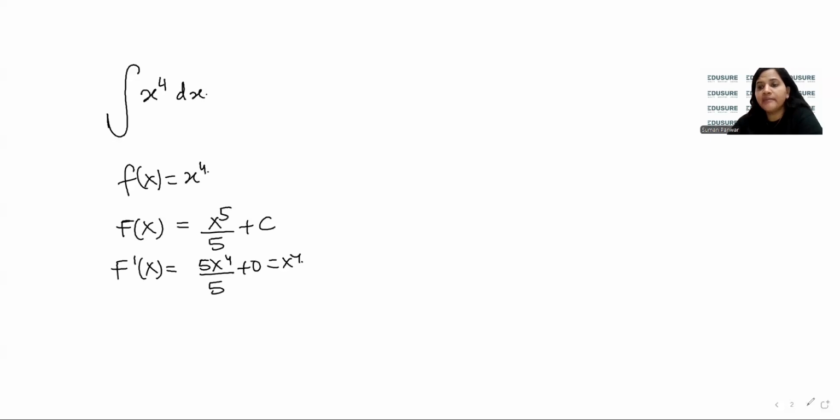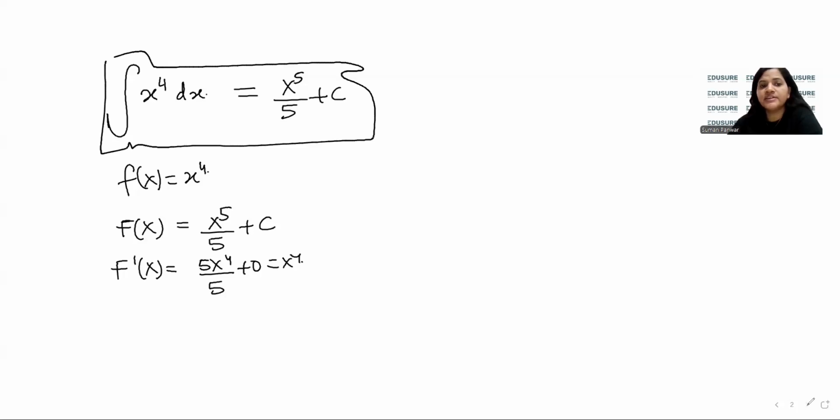So this can be written down as x^5 by 5 plus c. So the indefinite integral is to be evaluated in such a manner that the derivative of the answer should give me back the function under consideration.